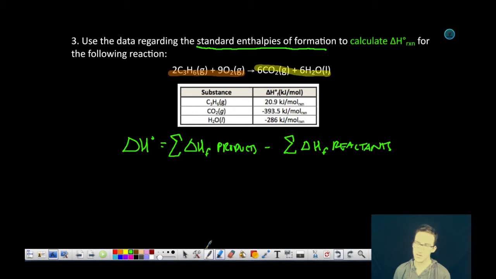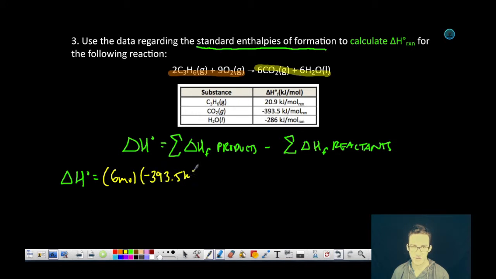And so as we work through this, our enthalpy change for the reaction is going to be equal to 6 moles of the enthalpy of formation for that CO2, which is negative 393.5 kilojoules per mole, plus the sum of 6 moles times the change in enthalpy of formation for water, which is negative 286 kilojoules per mole.